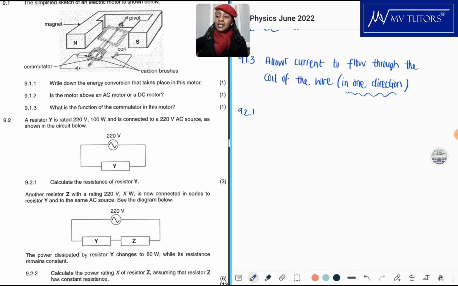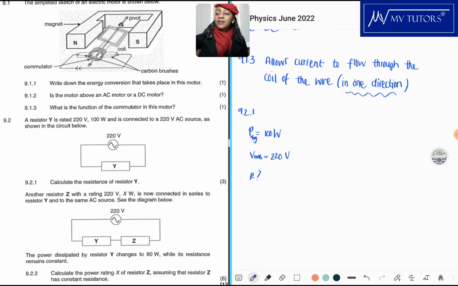In this case, we have the average power, 100 watts, and the RMS voltage, 220 volts. Now we are looking for the resistance.